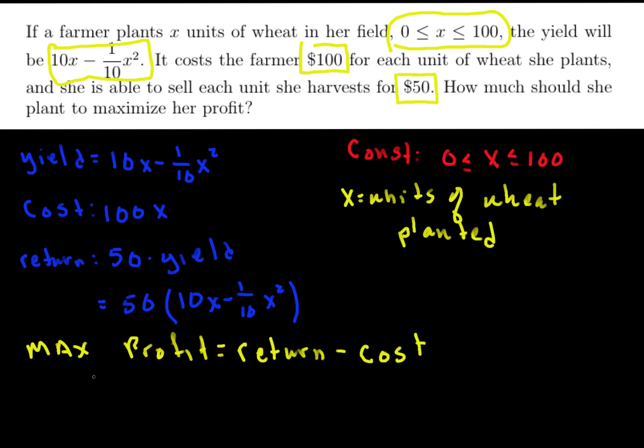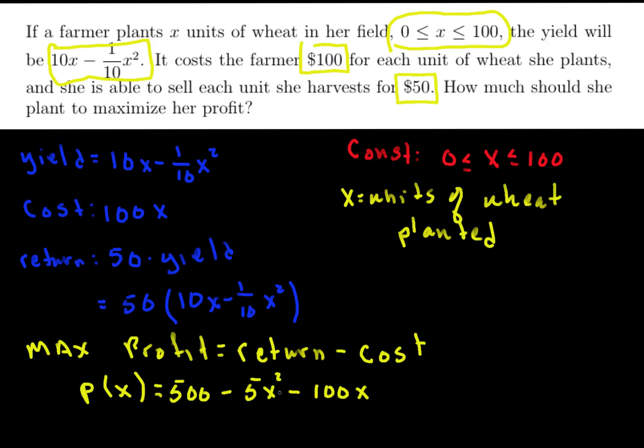So her profit, we'll call it P of x, since that's really the only variable. P of x is equal to return. I'm going to go ahead and multiply this 50 through, so this is 500x minus 5x squared. That's our return. And then the cost is 100x.